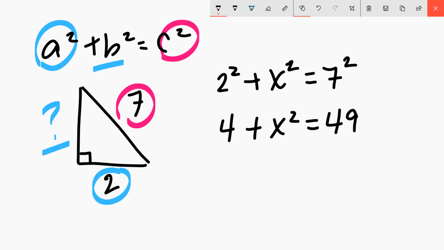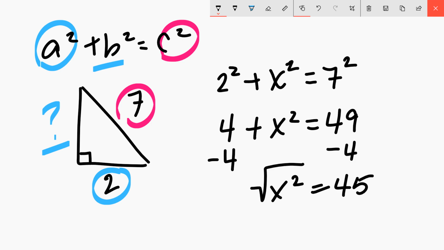And I have to solve it like any other equation. Subtract my 4. X squared is 45. Now I need to square root. Okay. X equals the square root of 45.